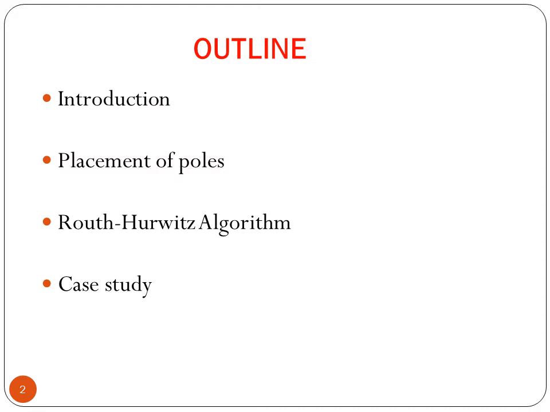Whenever the closed loop poles are difficult to calculate, we can go through the Routh-Hurwitz algorithm in order to see if a system is stable or not. Of course, each of these methods has some features, some advantages, some limitations. We will go through them later on in this presentation. And we will finish this session by some case studies that will be shown later on.